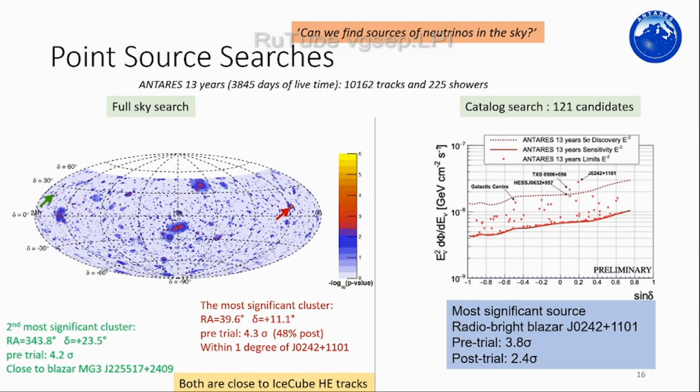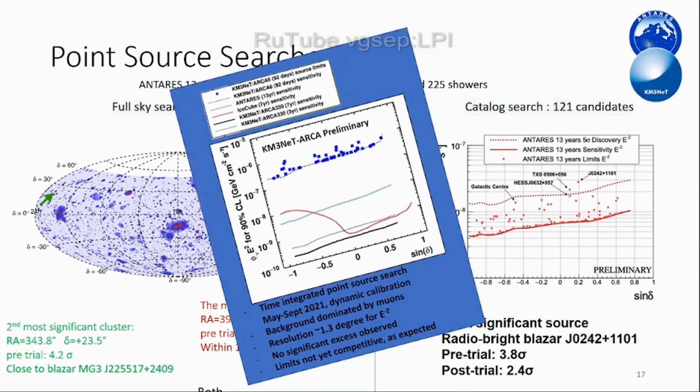Catalog searches, obviously we also do catalog searches. Right here on the right plot, you see the limits we set on a set of objects from these catalogs. Nothing, no discovery, but the most significant source is actually the one which also shows up right here. The significance is nothing to write home about, but nice that these things pop up all the time.